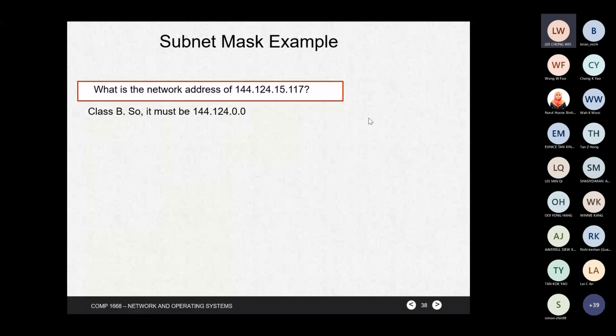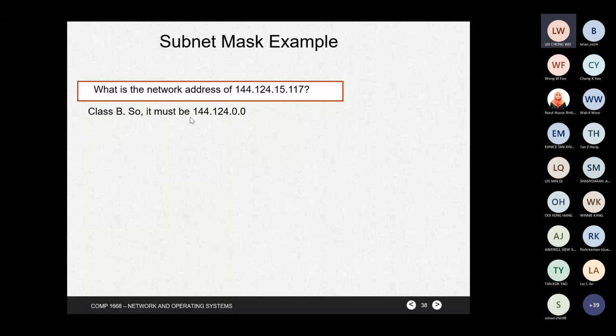For example, the question here is, what is the network address of this IP address? First of all, you must know which class it belongs to. So this is class B. Class B uses a subnet mask of 255.255.0.0.